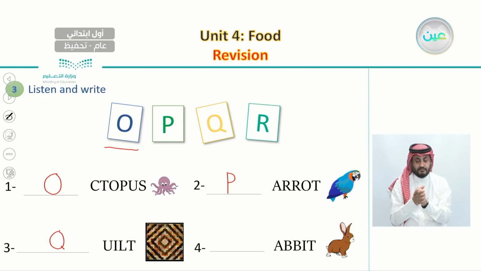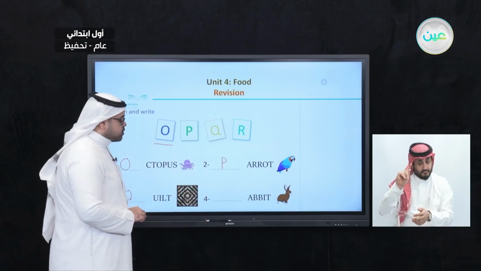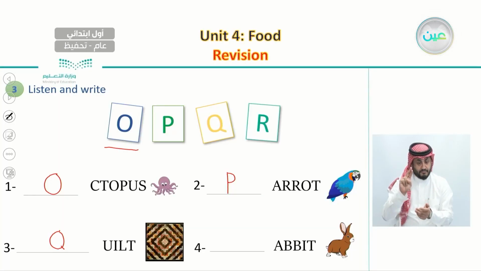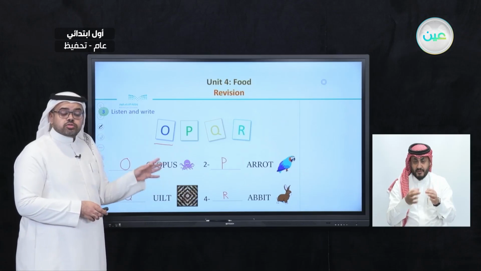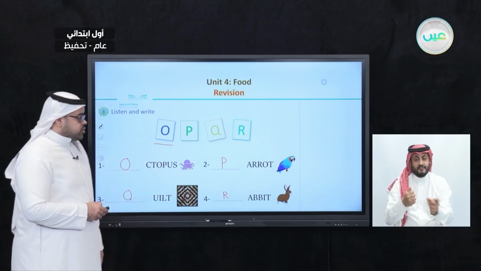And finally, we are left with the last letter here for the last word, which is rabbit. Rabbit. And rabbit starts with letter R. So here we go. These were the answers of this question, where we did listen to 4 different words, and we start writing down the first letter of each word.